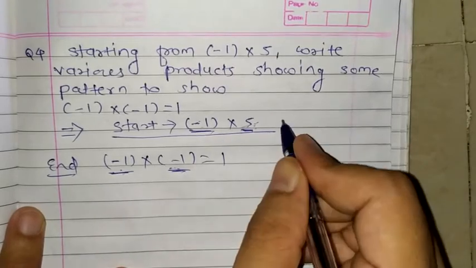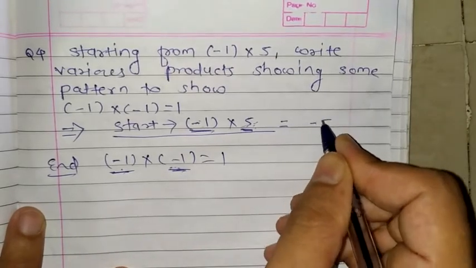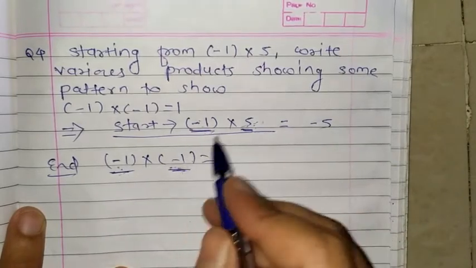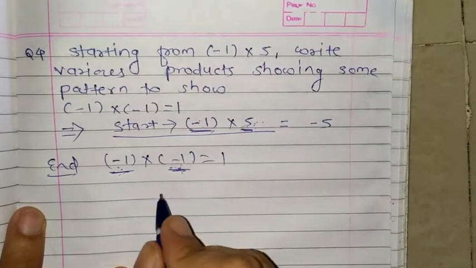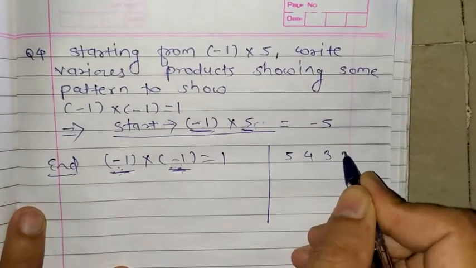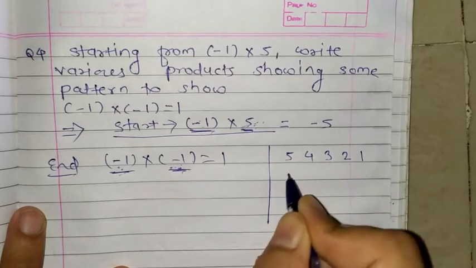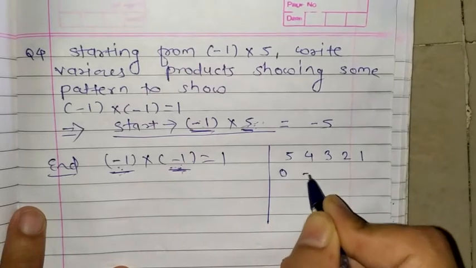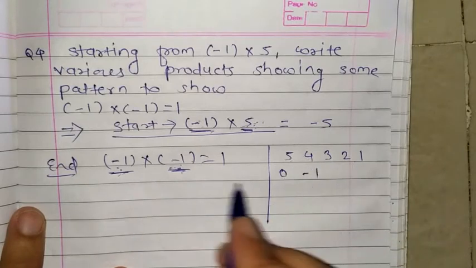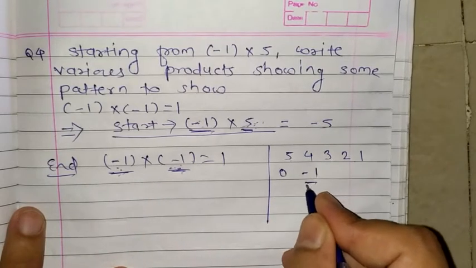If you solve this you get minus 5. This value is the same, this value is varied. How will this value come to minus 1? You know after 5, 4 is there, 3 is there, 2 is there, 1 is there, then 0 is there, then minus 1 is there. So if you subtract 1 every time, finally we will get minus 1.